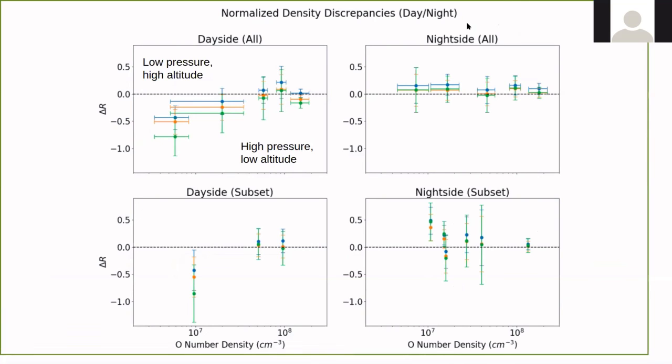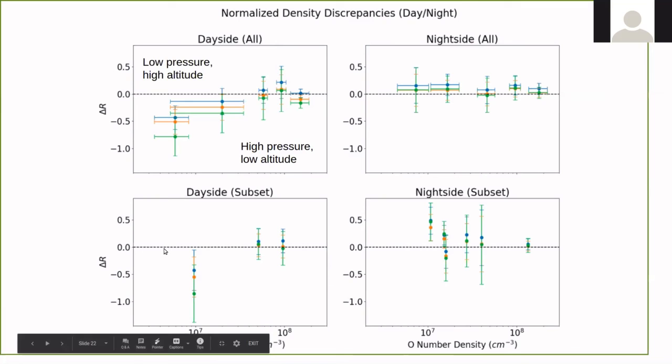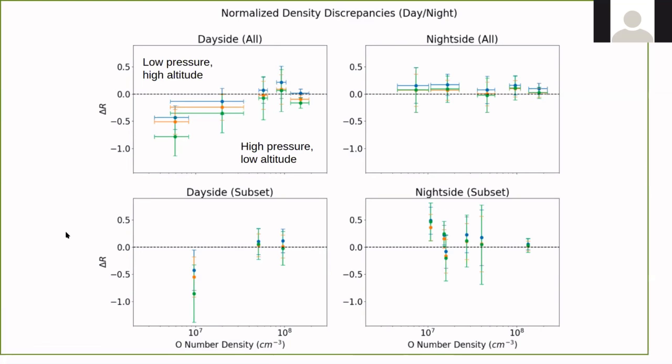And so the format of these plots are the same as for the plot on the previous slide. And we can see again that at the lower atmospheric pressures, delta R deviates more from 0, especially on the day side here. So these plots indicate that density discrepancy response and sign are sensitive to atmospheric temperature, day side versus night side, and composition.